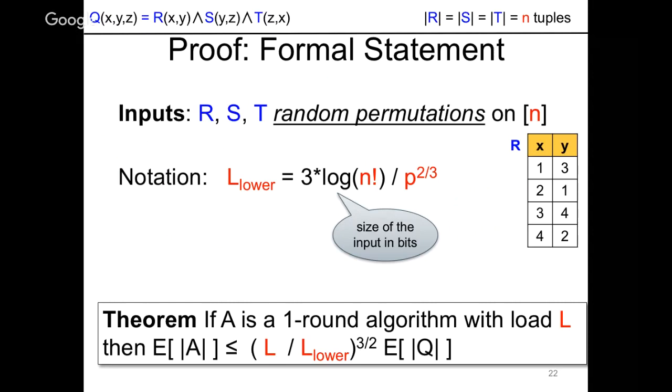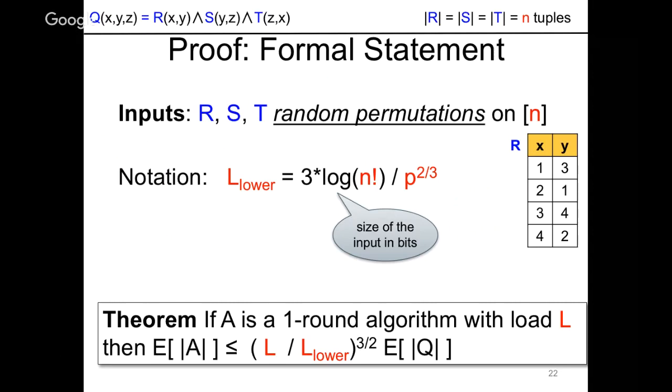Now, it's important to examine the number of bits needed to encode a permutation. Since there are n factorial permutations, we need log of n factorial bits to encode a permutation. There are 3 of them, and we want to prove that the lower bound per server measured in bits is at least 3 times log of n factorial by p to the 2/3.